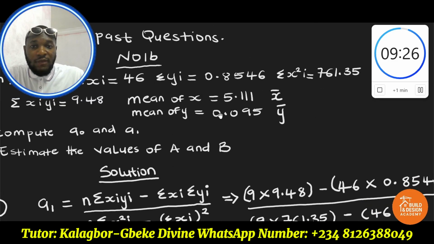The mean of x was given as 0.111, and the symbol is x bar, and the mean of y was given as 0.095, and the symbol is y bar.